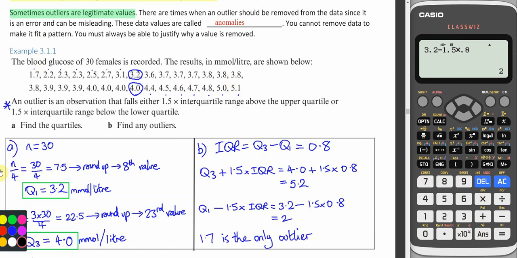It's unusually low. However, unusual things happen all the time. We don't get rid of it unless some reason appears that that value is actually an error. Only then would we get rid of it. So 1.7 is the only outlier.